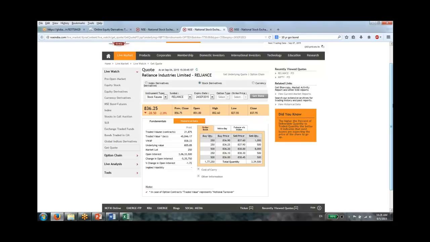It indicates that there is pressure on the upside. Open interest is decreasing, that is, people are leaving the market, and when the share price is increasing, it's an indication that these were people who had short positions and they are now covering their short positions and leaving the market.